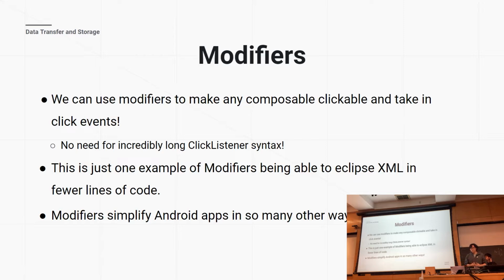Because we're given so much granularity when building our components, we can build our own buttons incredibly easily. And this is just one example where modifiers are able to eclipse what XML is able to do with fewer lines of code, right? We don't have to drag a button onto the screen. We can just tell a component, hey, it's clickable, and that is that.